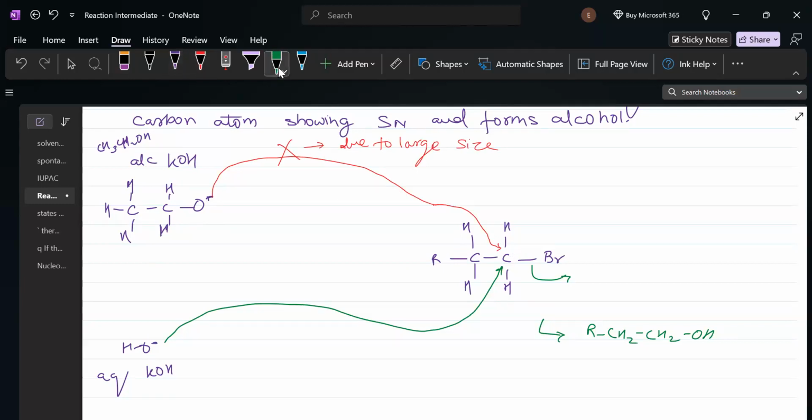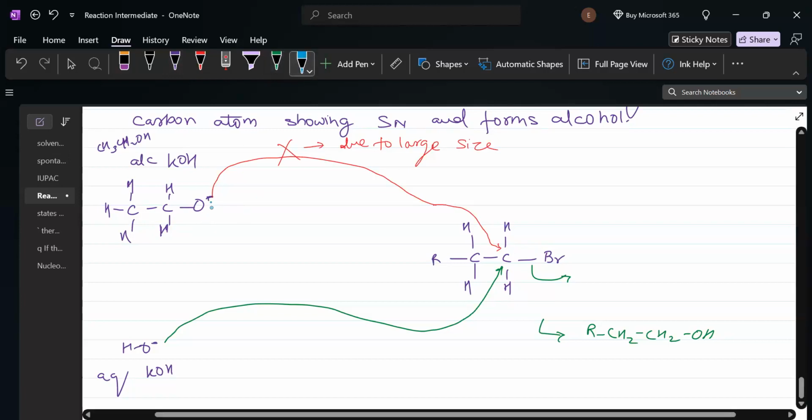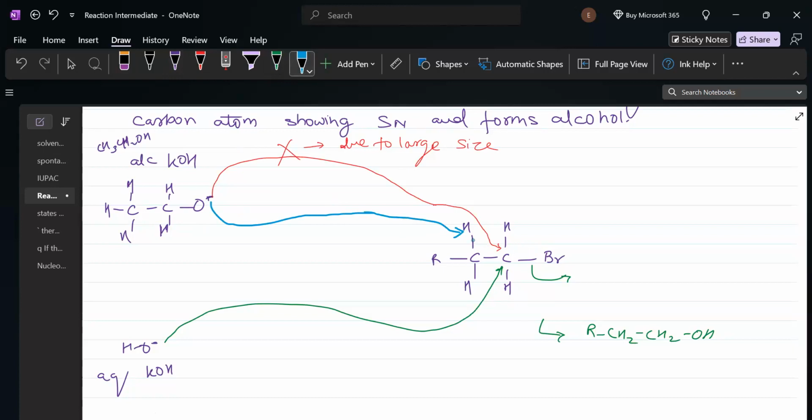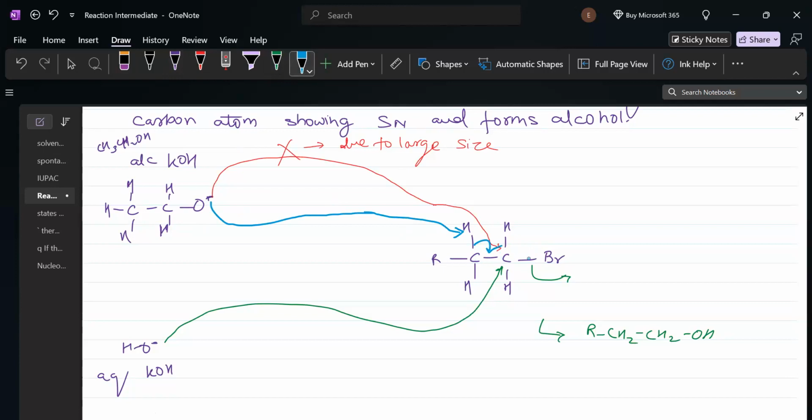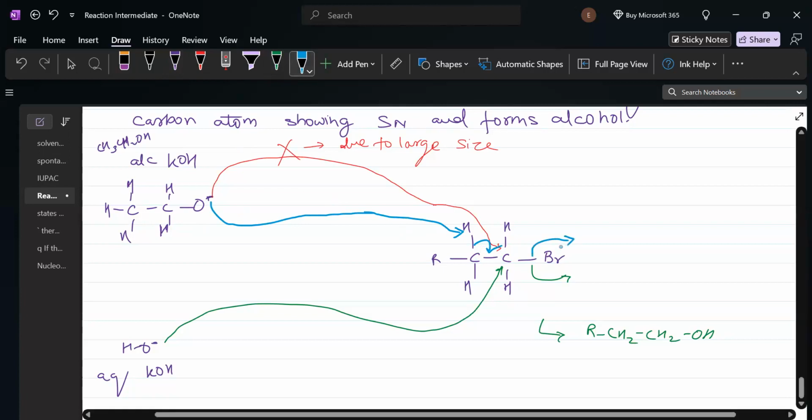So what alternate path will it take? This will attack on this beta hydrogen and capture it. This shared pair of electrons will make this pi bond, and after making the double bond, this bromine will leave.